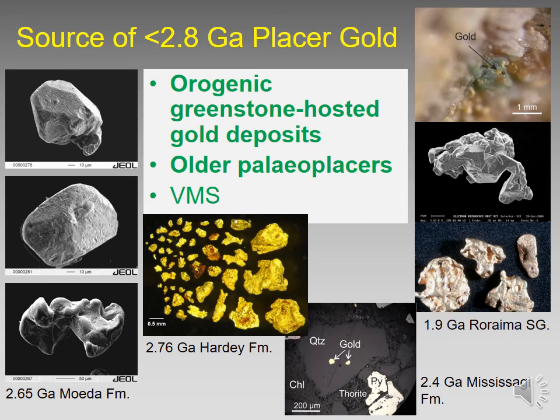But the most important source is probably the older paleoplacers that have been reworked mechanically by resedimentation on various erosion surfaces. So for these younger gold deposits, we have a great variety of sources, but remember, the overall gold endowment is not comparable anymore to the 2.9 billion year old conglomerates.